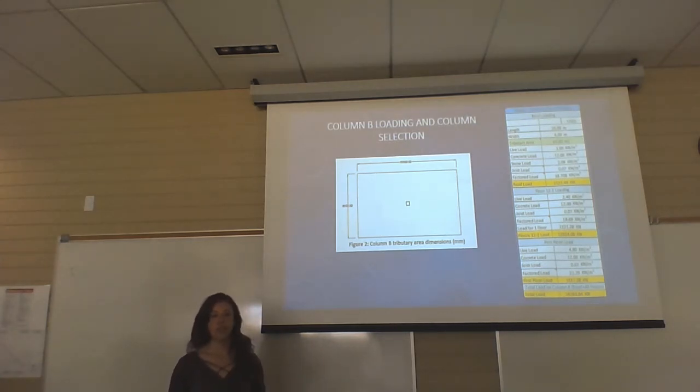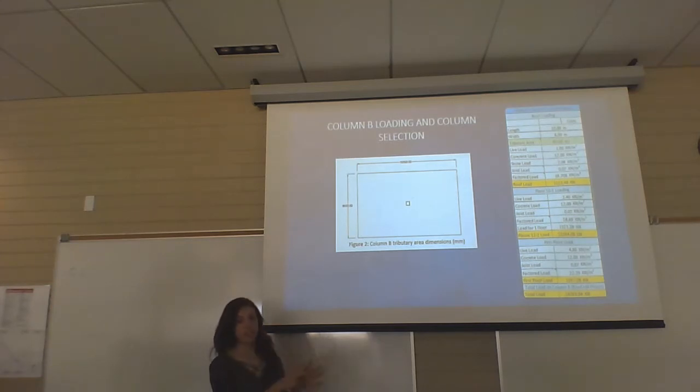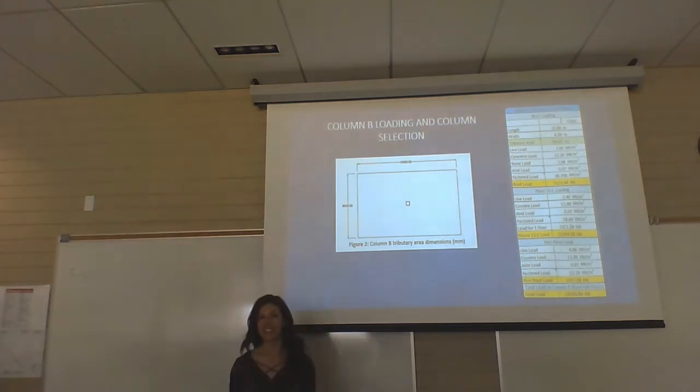We chose to do this one first because we were going to use the same column chosen for the external column, column A. And because that one has combined stresses, it was easier to just use whatever column we chose for this as a starting point for column A. We found the load for the roof, the floors 12 to 2, and the first floor.